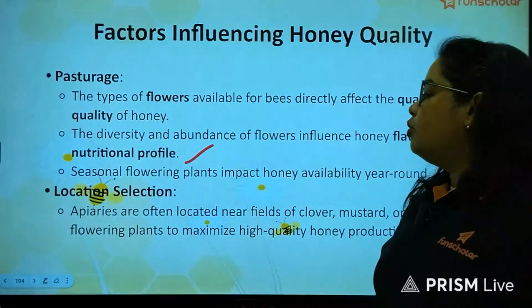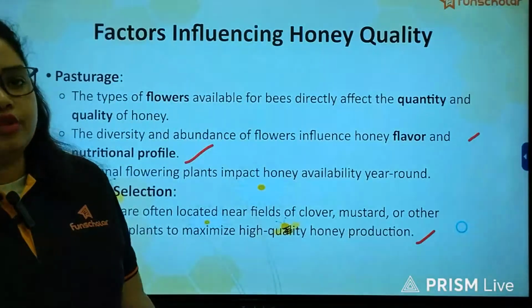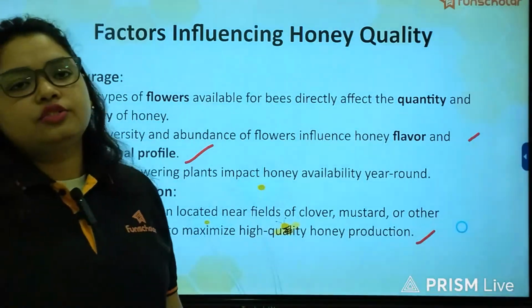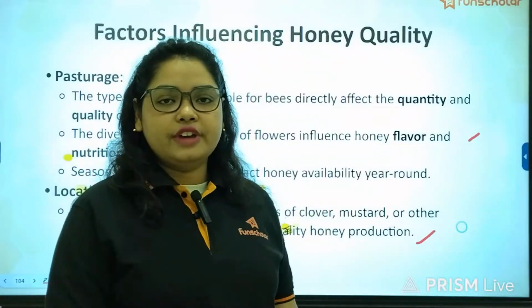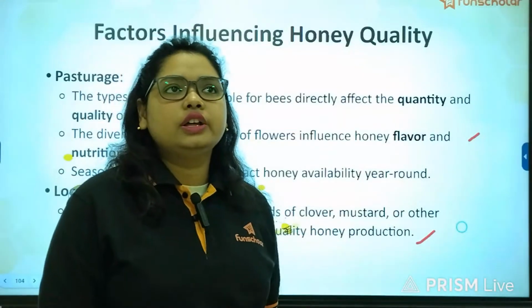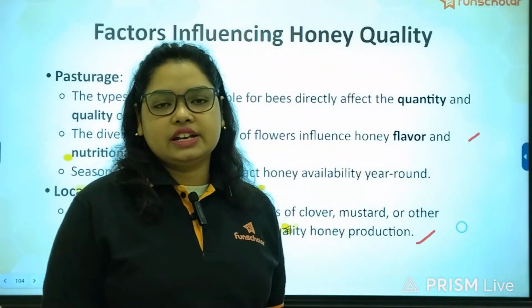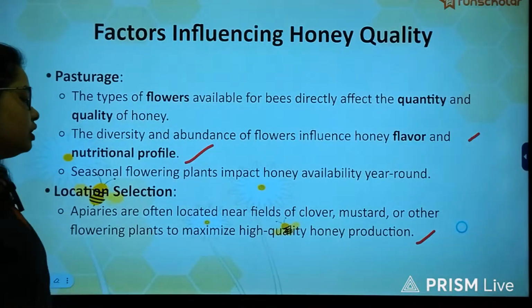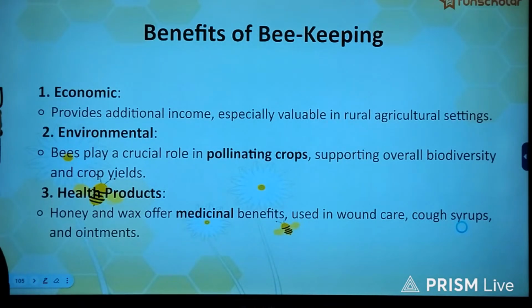Obviously, the nearer the apiary is to any field or valley of flowers, where they can get easy access to collect nectar, the easier it will be for them to collect nectar for honey production.